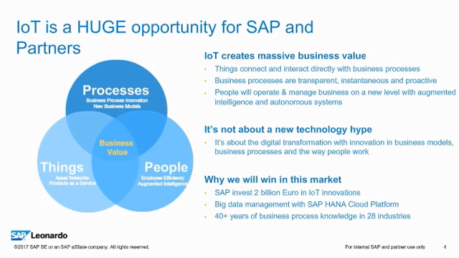Investment has been made in 3 areas. First, building out the solutions. Second, looking into innovative solutions that we can acquire from the market. And third, our introduction of the SAP Leonardo Labs and the co-innovation with customers and partners.